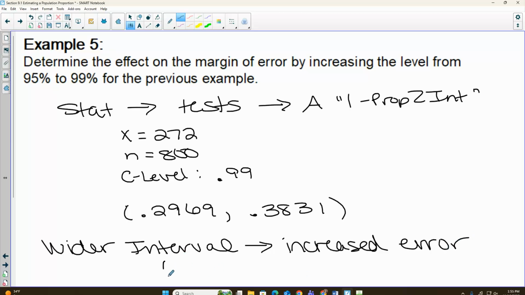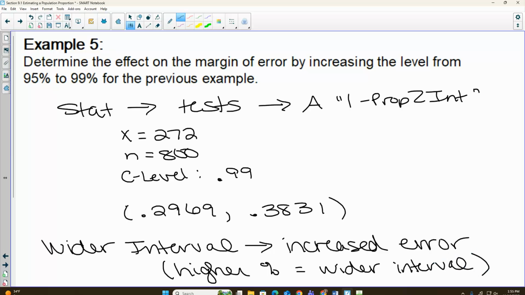So in general, a higher percent will mean a wider interval. If I took it all the way down to 90%, what do you think would happen to my interval? It would get smaller.